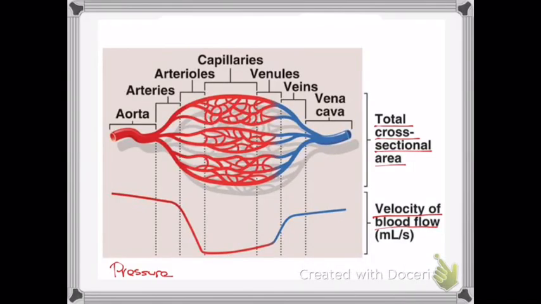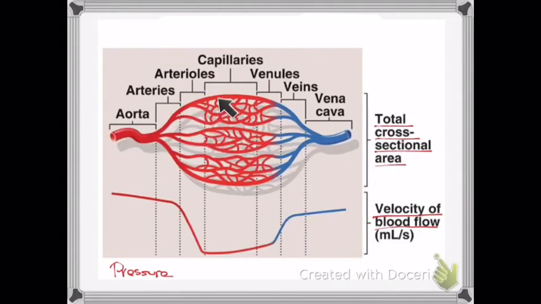And the difference in pressure is to do with our total cross-sectional area. So as you see in this diagram, the larger the cross-sectional area, so our capillaries, which have a huge cross-sectional area, we've got so many capillaries, the blood is then distributed through so many capillaries, it has so many alternatives, the pressure, which is shown in this diagram here, is much lower.